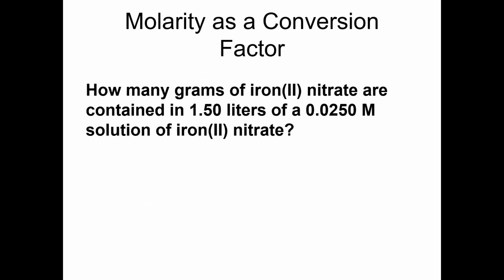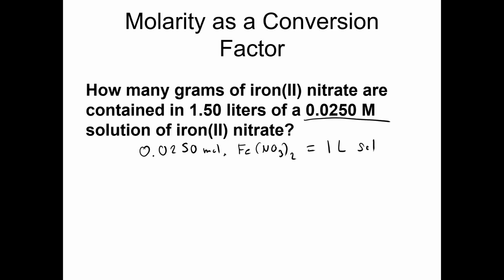All right, how many grams of iron 2 nitrate are contained in 1.5 liters of a 0.0250 m solution of iron nitrate? So here I have again the conversion factor, which is 0.0250 moles of iron nitrate, and that's something you should also be able to do, equals 1 liter of solution.